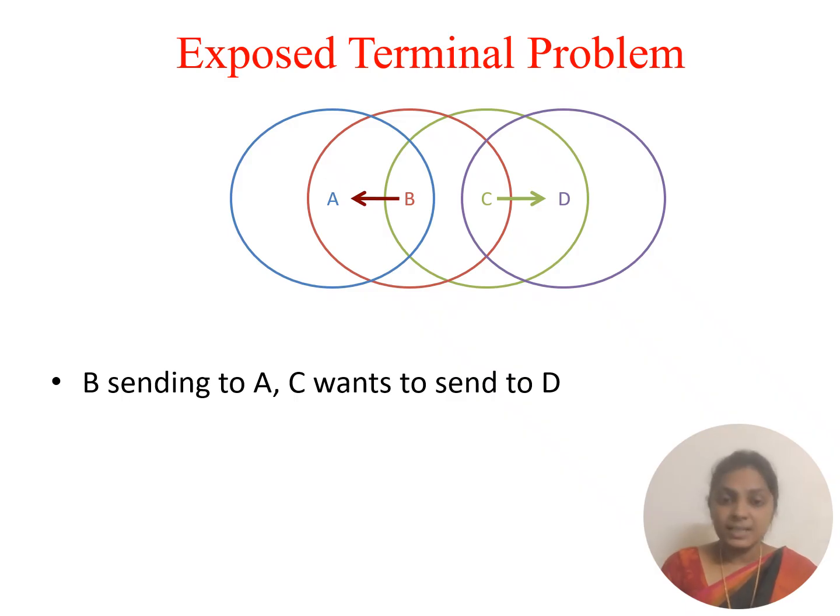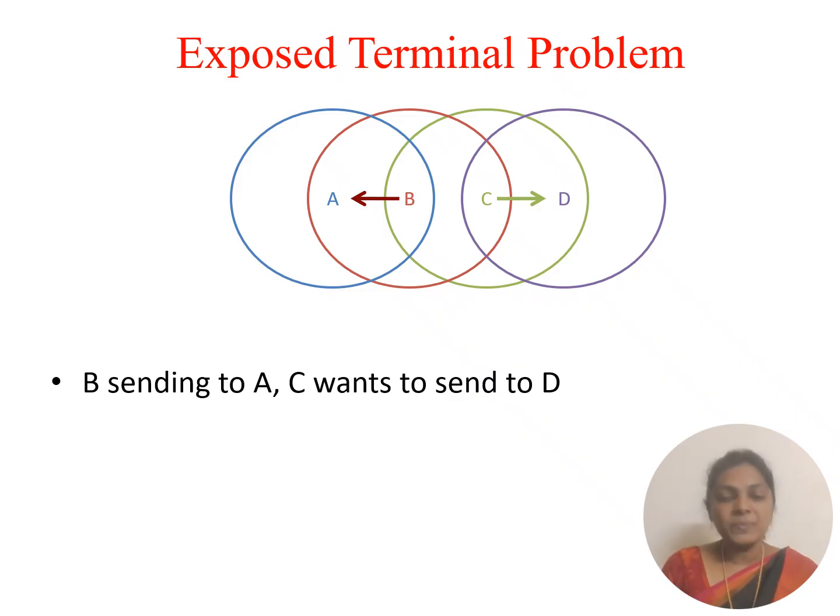Whereas at the same time, C has data that it has to send to node D. What station C will think is that B has started a transmission, so if I start a transmission, my data will be lost.